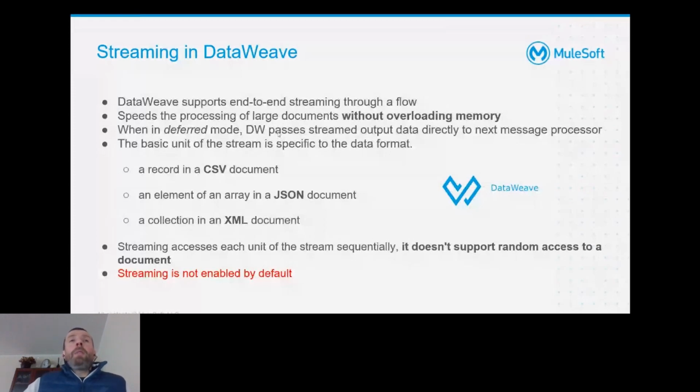And when we use deferred mode for a message transform component, it instructs the component not to consume the payload, or the stream which is inside the payload, but only to consume a small fragment of it and then to push it through to the next processor to be consumed.